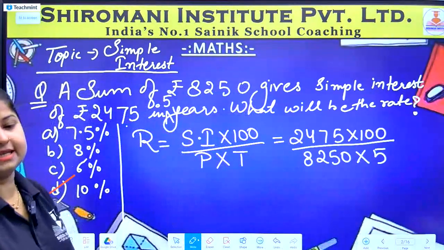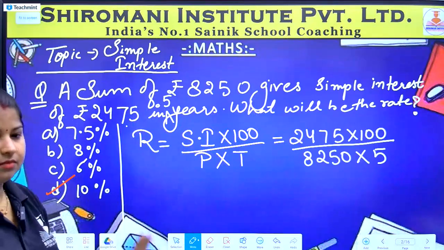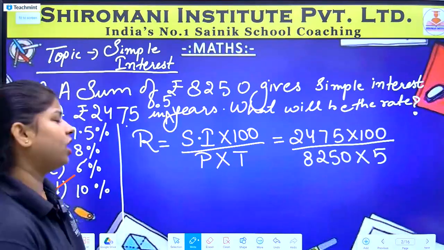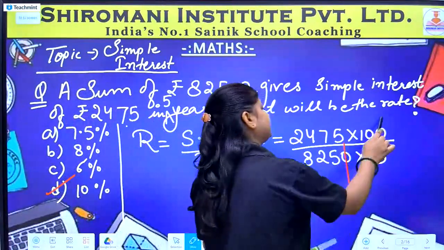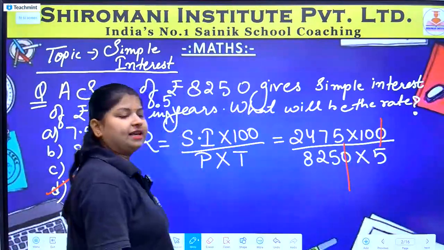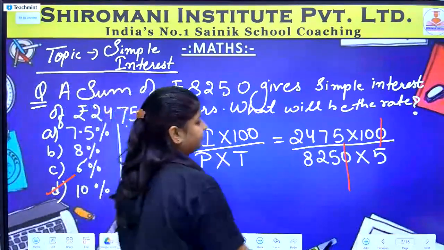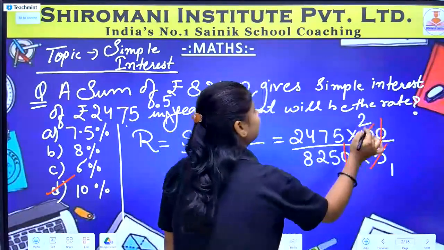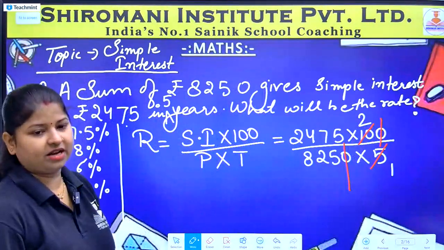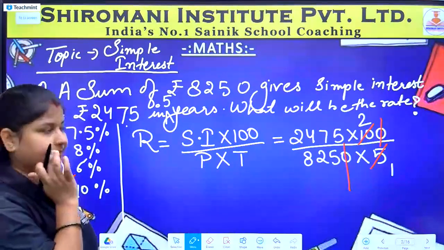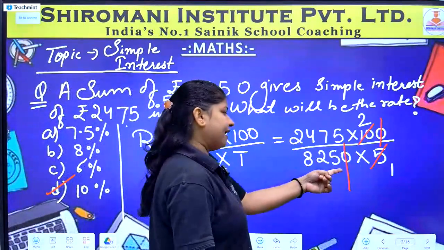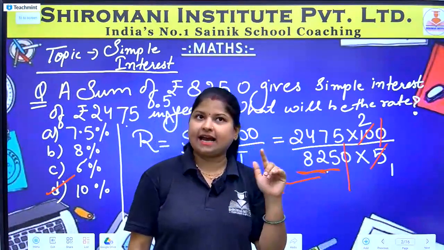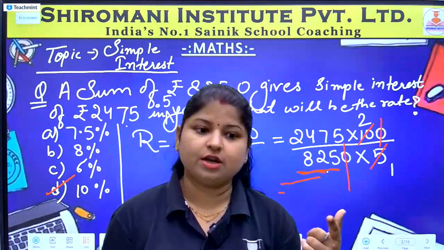This is my equation. Now I just have to solve it. So 0 and 0 you can easily cut. 5 1s are 5 and 5 2s are 10, right? This is 825, right? So 8 2s are 16 and 8 3s are 24.